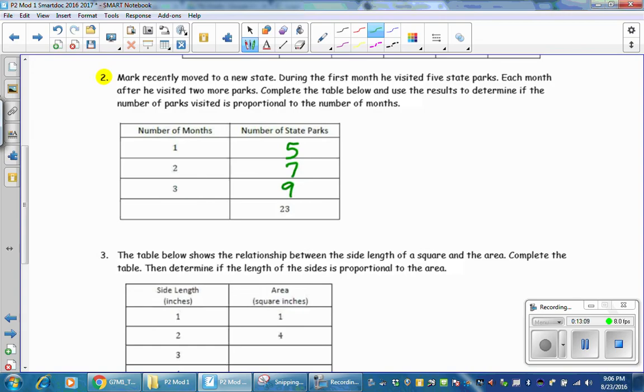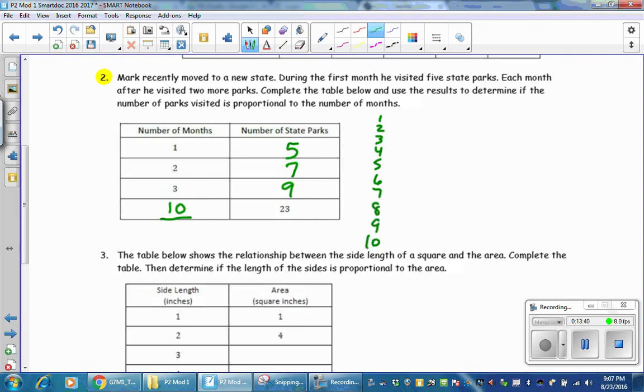Now pause the video if you haven't and see if you can figure out what the answer would be for the number of months for 23. And making a table, extending it from 1, 2, 3, 4, 5, 6, will help you figure this out. The correct answer is 10 months. So you've got 1, 2, 3, 4, 5, 6, 7, 8, 9, 10.